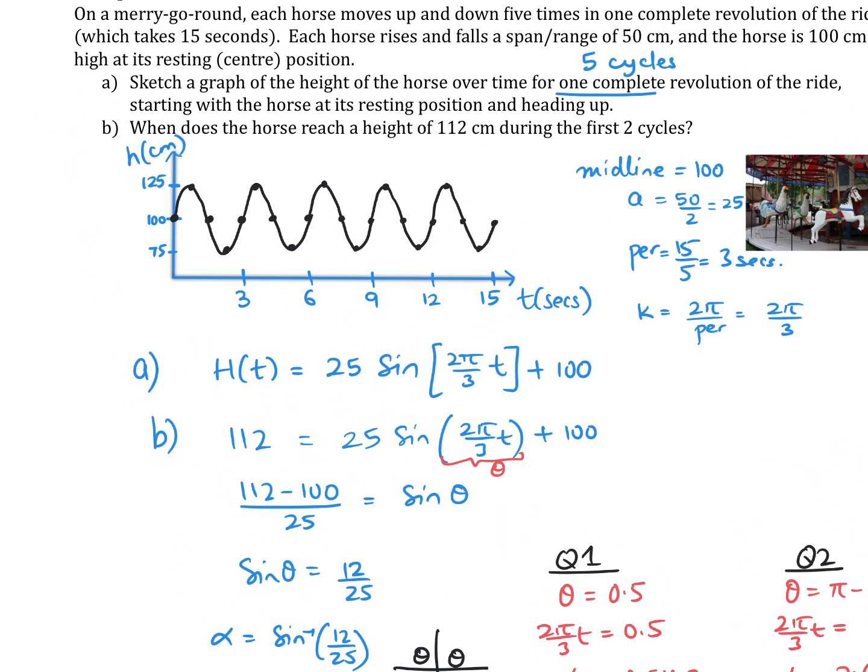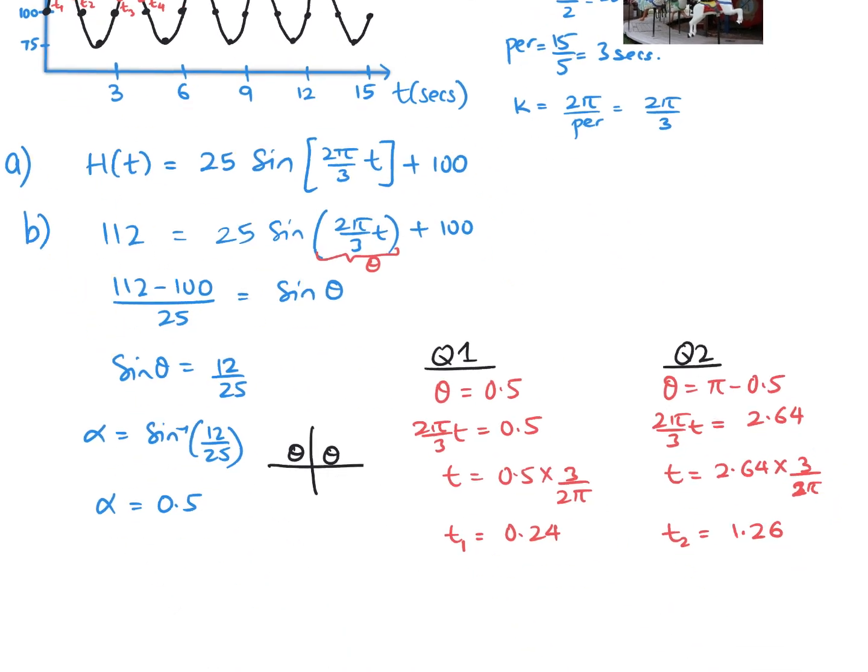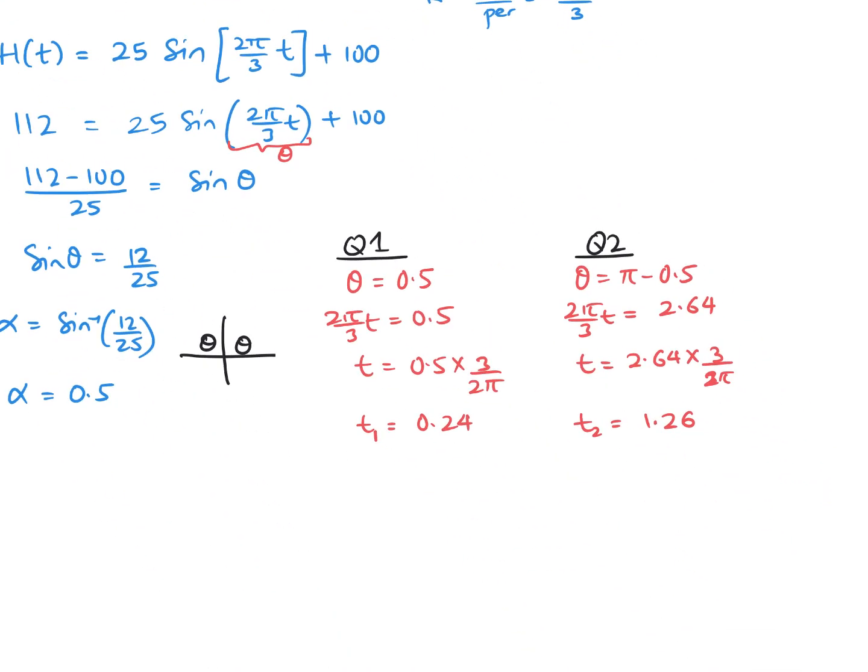Now if we go back to our sketch, we're going to approximate how many values we can see in the first 2 cycles. So if roughly we say this is 112 centimeters, we see 1, 2, 3, and 4. So if we figure out T1, this would be T2, T3, and T4. So T1 and T2 have been calculated, and the values of T3 and T4 would repeat after 1 full cycle.